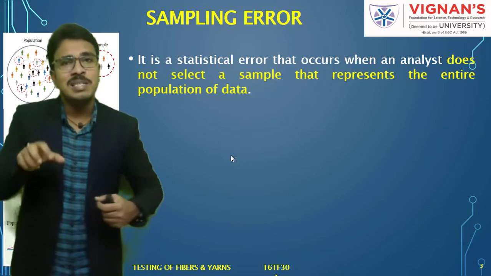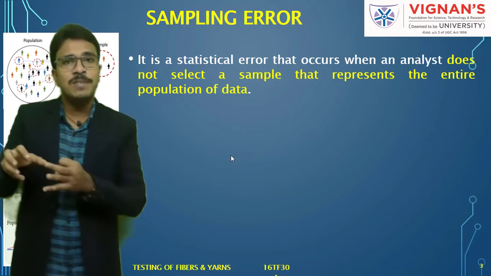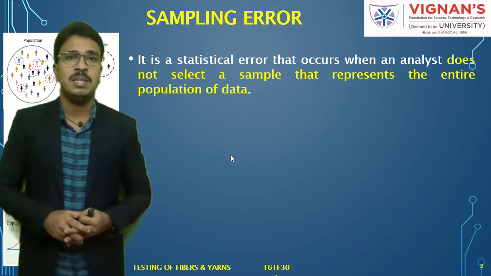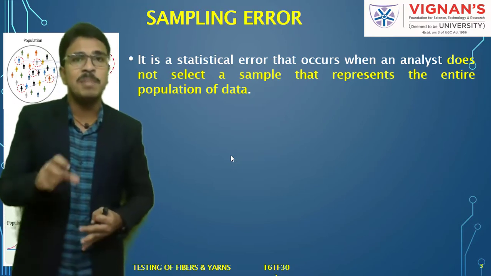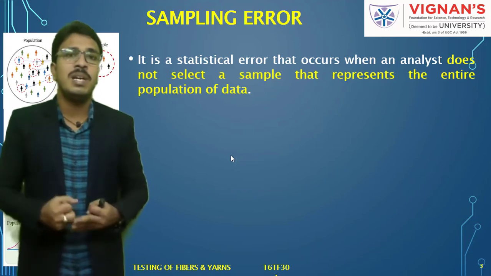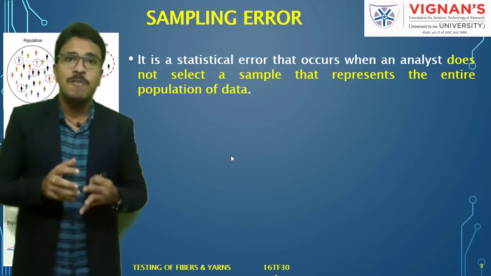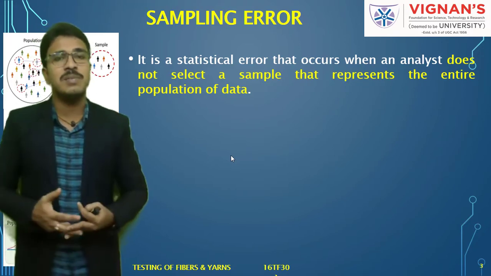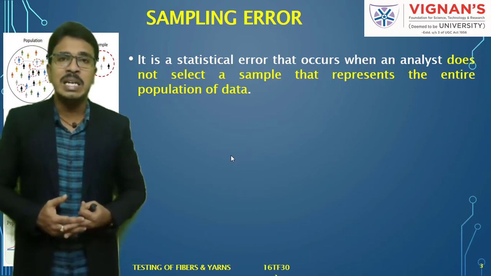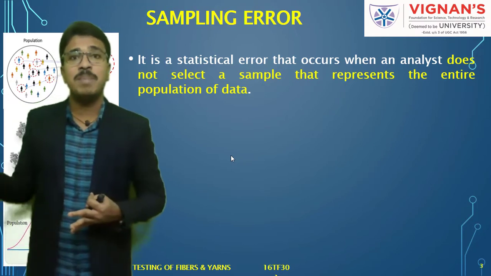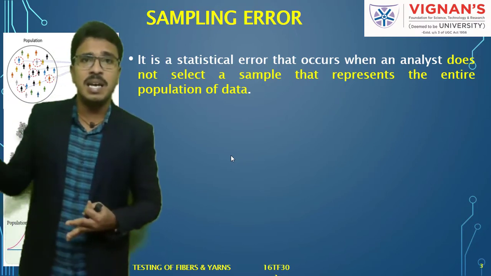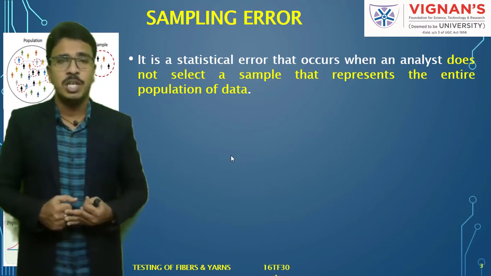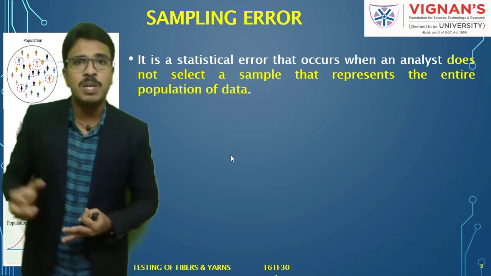Suppose while doing sampling you made some mistake and did not do the sampling properly. What will result? Do you think the sample results we are getting will represent the entire population?